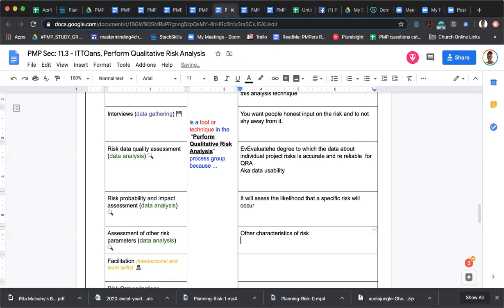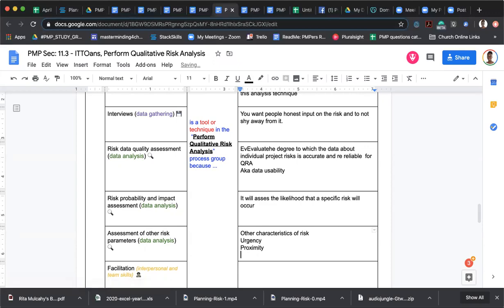They're basically trying to come up with a methodology to assess impact, so the different criteria you could use are urgency, proximity, dormancy, and so on. From the words themselves it's kind of self-explanatory, so I don't think we need to dwell on this. Yeah, I'm not going to write all of that.